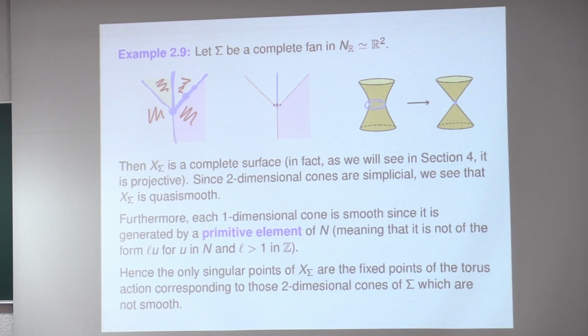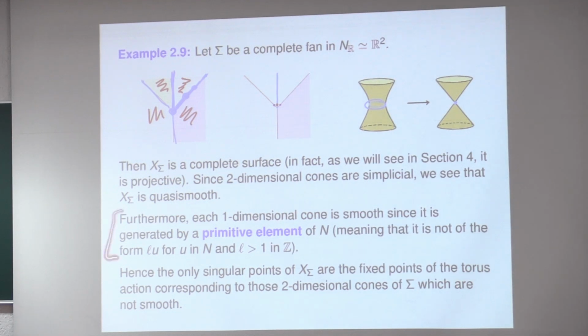And then it says over here that each one is something that I told you. Each one-dimensional cone is smooth, like always, because it is generated by a primitive element, meaning an element whose coordinates have no common integer divisor. So it's not of the form some other point times L. It's generated by one of those, and that can be completed to a basis of Z2.